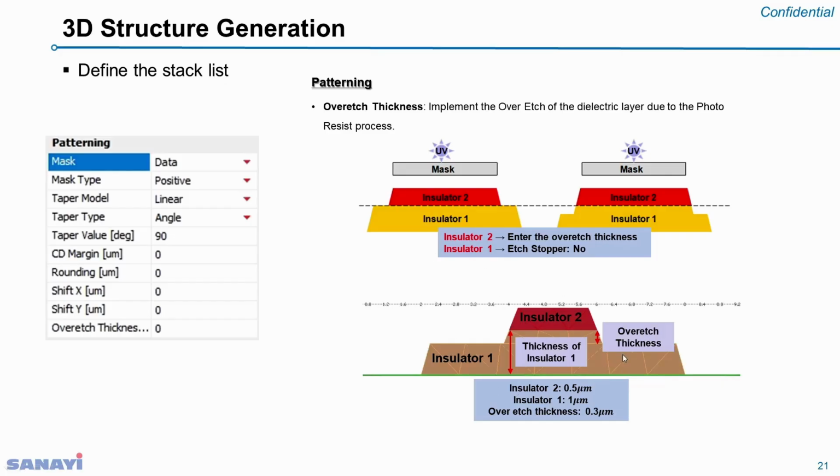Look at this example. The thickness of insulator 2 is 1.5 micrometers and the thickness of insulator 1 is 1 micrometer. And the over-etch thickness is 1.3 micrometers. So, the over-etch thickness of 1.3 micrometers can be expressed as follows.